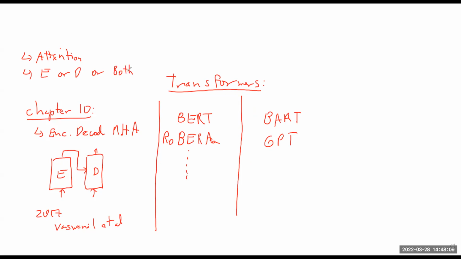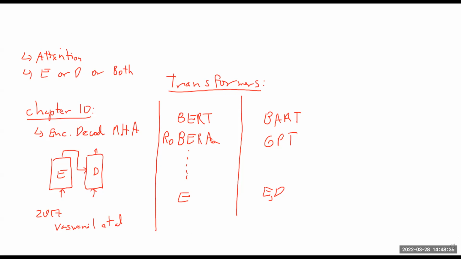The original uses an encoder and a decoder. BERT only uses an encoder. BART and GPT use encoder and decoder in the architecture. So that's the first thing to remember, to place us where we need to be. Any questions about this part?